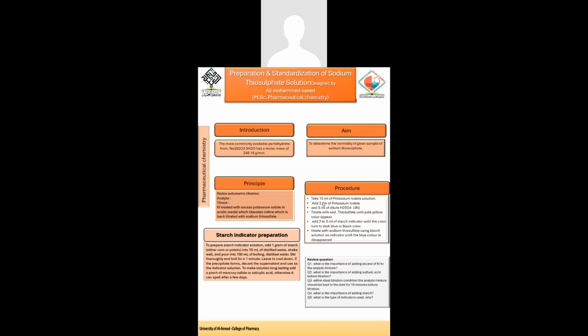أيضا عندي procedure للعمل أهتم له. عندي 10 ml of potassium iodate، هذا البوتاسيوم iodate اللي هو الستاندرد solution. هنا أضيف excess of بوتاسيوم ايودايد، ورح نعرف ليش excess of potassium iodide، لأنه يكون source of iodine, and iodine react.